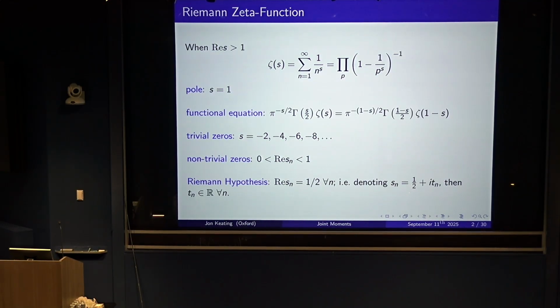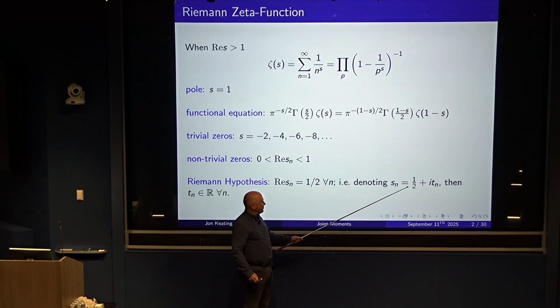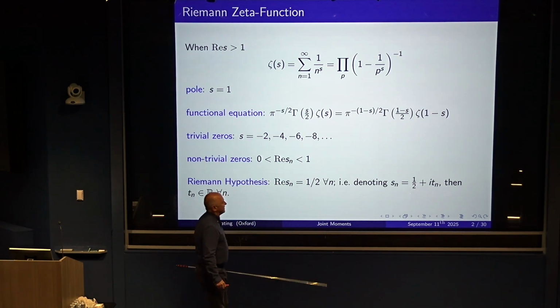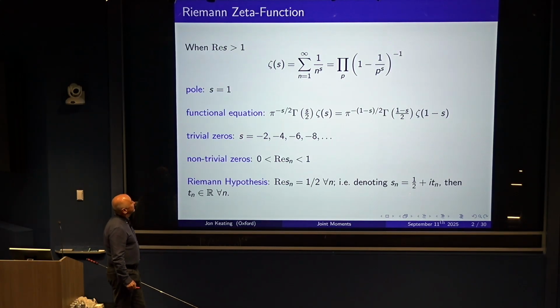And the key point is that it satisfies the Riemann hypothesis. So the zeros of the zeta function are meant to lie on the half line, real part of s is 1/2. And so if we denote the zeros by 1/2 plus i t_n, then these numbers t_n are all real. That's just a bit of notation for you.